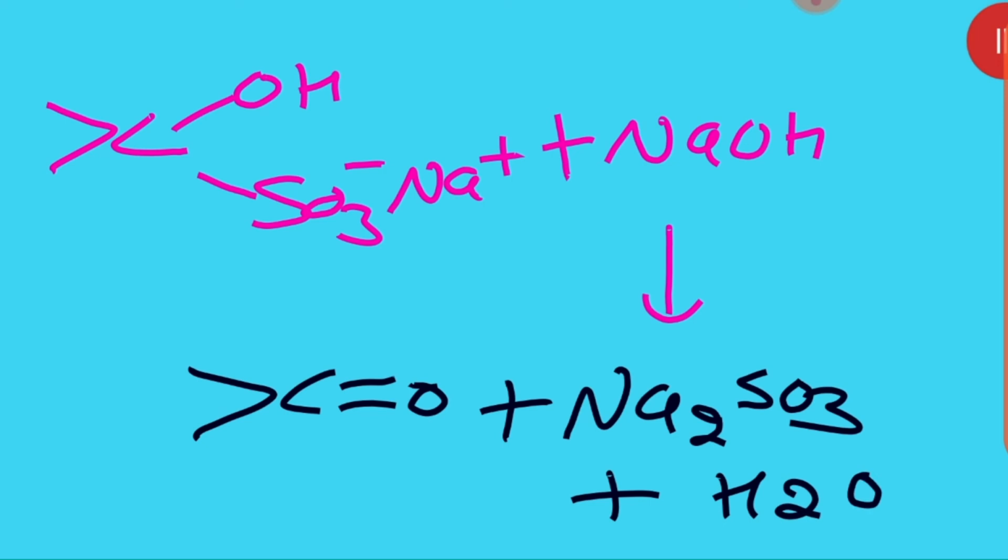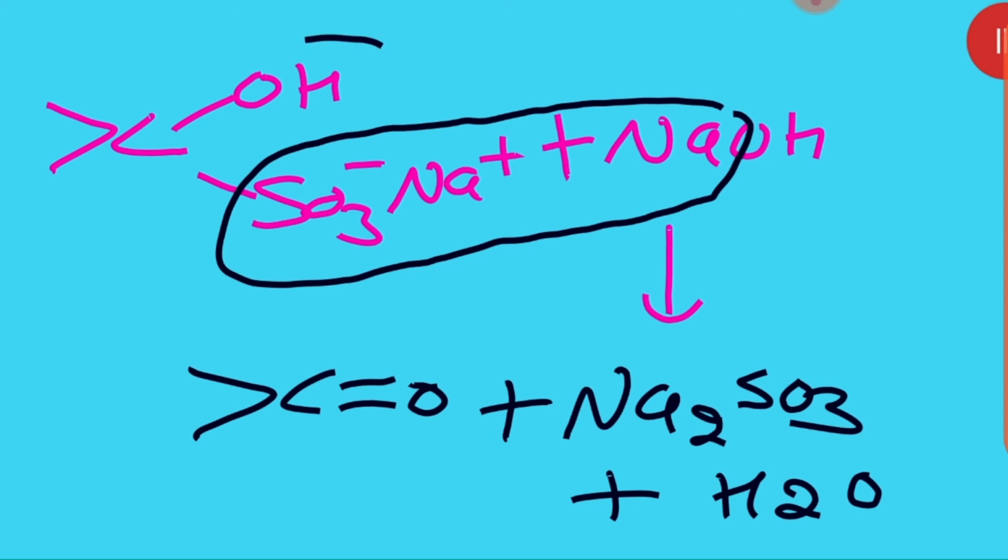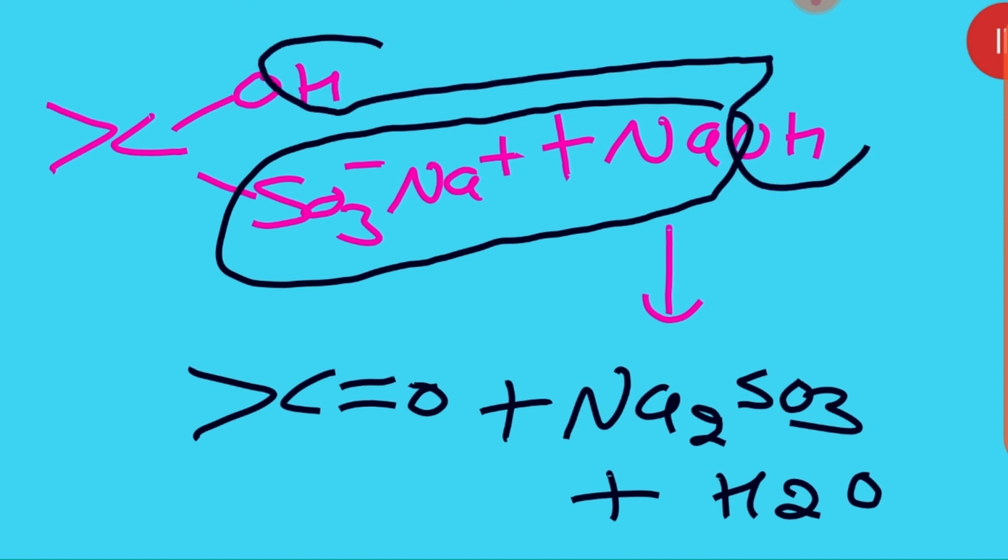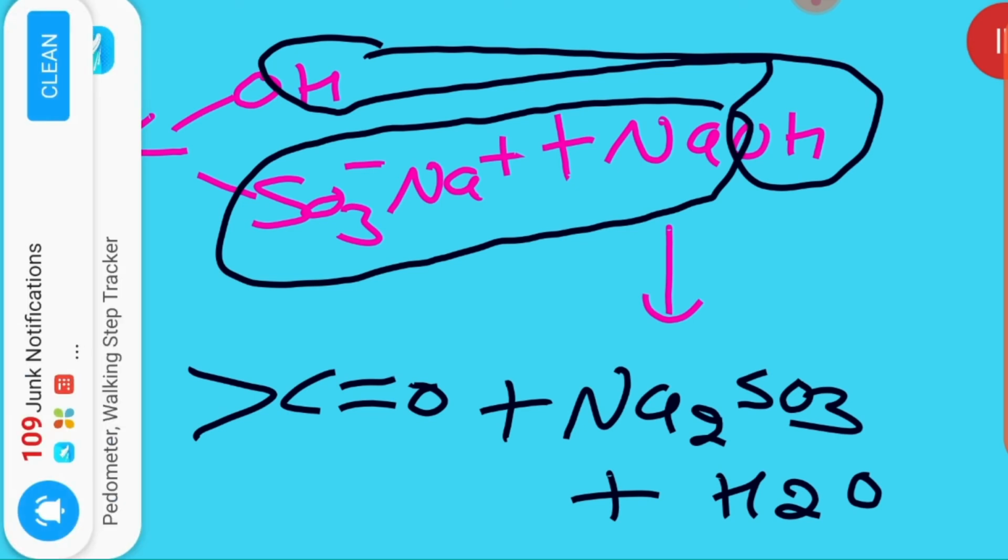Again we are regenerating it. You see, Na2SO3 this way and H2O this way. Am I right? Have you understood my point? So we are getting it back, which means it is a reversible reaction.